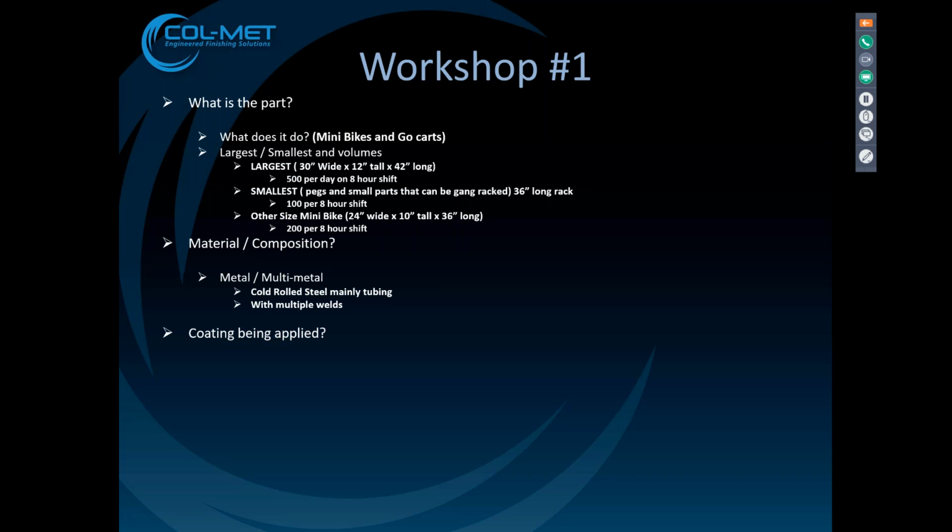There will be 100 of those per 8-hour shift. The other size mini bike is a 24-inch wide by 10-inch tall by 36-inch long frame, and there are 200 per 8-hour shift. The material is cold rolled steel, mainly tubing, with multiple welds. The coating that we're going to apply is a TGIC powder coating, 95% black, and 5% being multiple colors.